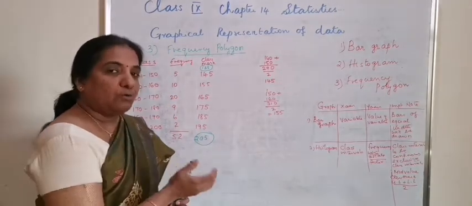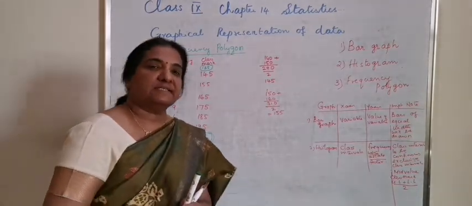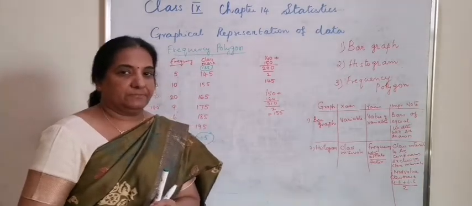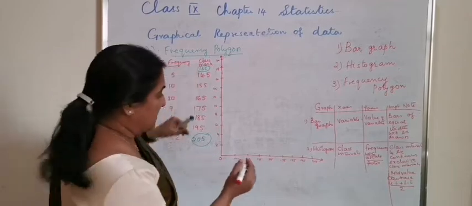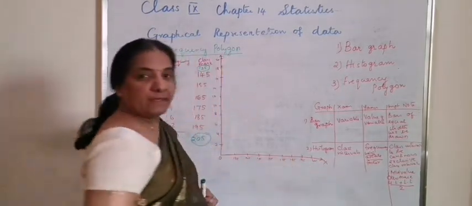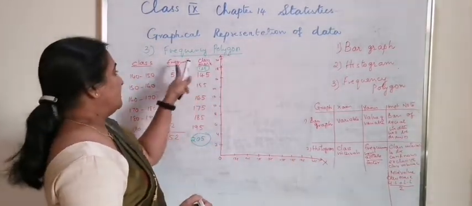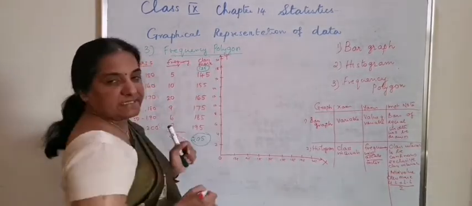And now, how to represent this on graph paper. On the x-axis, we plot the class mark, and on the y-axis, we plot the frequency.